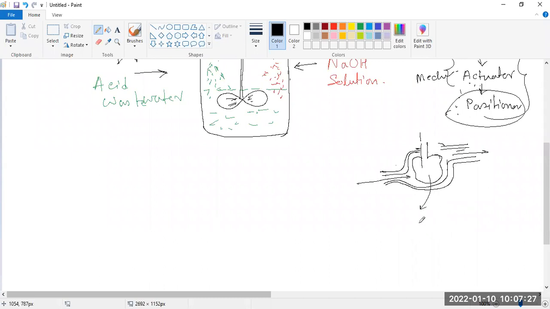If this is a valve, then we need to actuate this valve. So some actuator is required here. This is given by your electrical device. This is called the actuator.